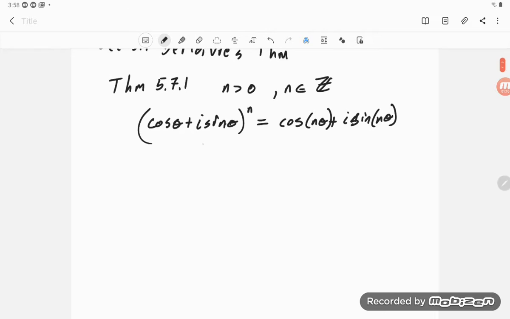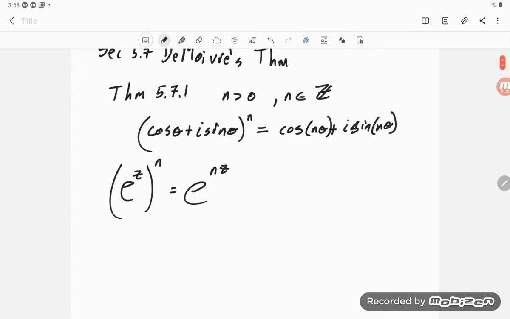Right, if I have e to the z to the n, that is equal to e to the nz. Well, okay, for my z, I'm going to use i theta.